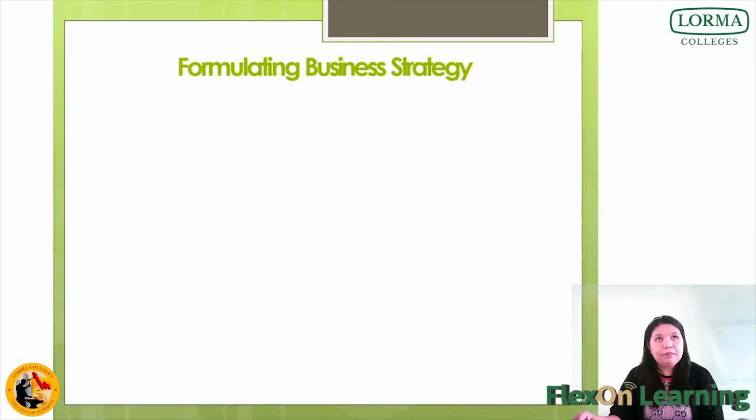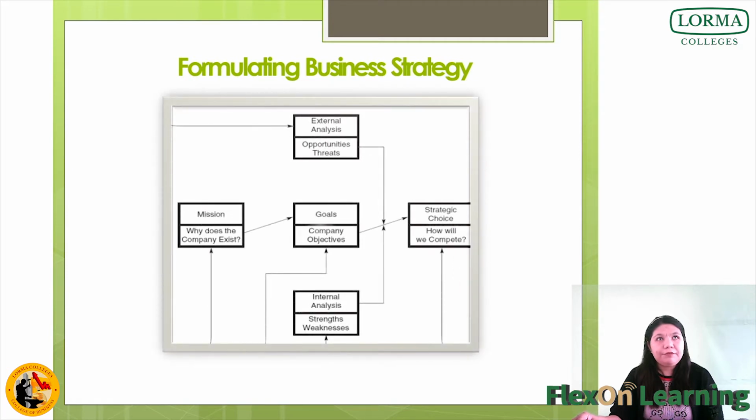In formulating business strategy, you can see from the figure that it deals first with the mission. Why does the company exist? It also involves goals, the company objectives. Then you can already formulate a strategic choice on how we will compete.